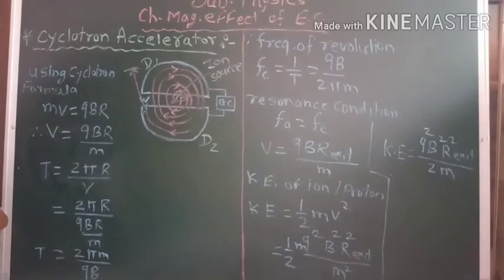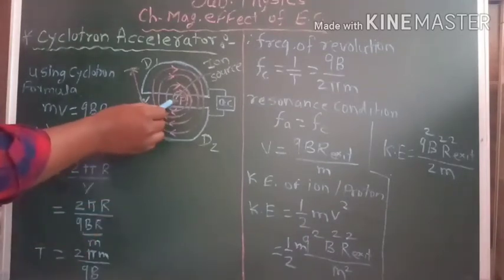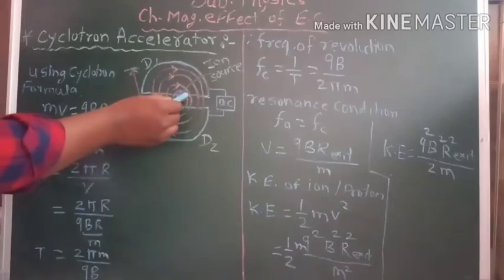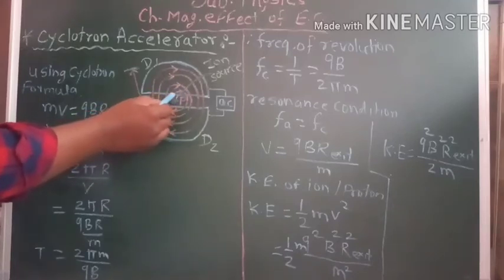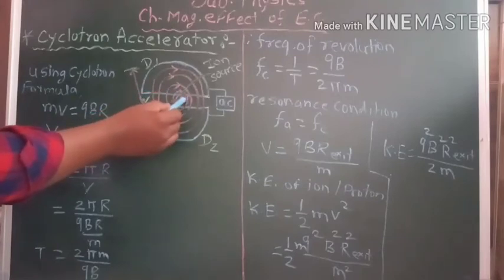It moves from one D to another D. It completes one semicircle from the produced point P. It goes to D1 and creates one semicircle.